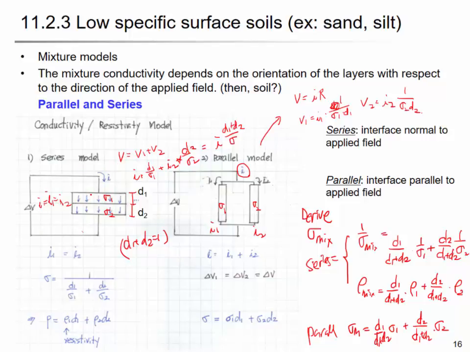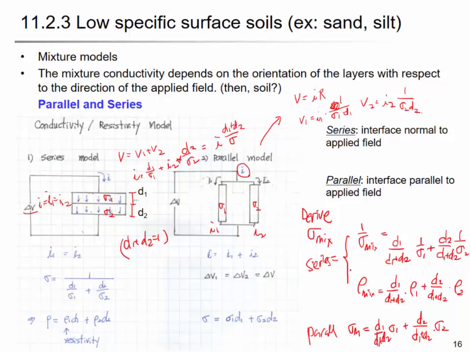And for the series model, the voltage drop or the potential drop from here to here is the same as the delta V, and you have V1, that's the drop at material 1, and V2 is the other drop at material 2. So potential drop V1 is the current times the resistance, and current times resistance, and that's the current times the equivalent resistance.